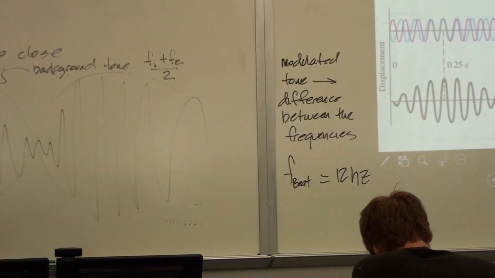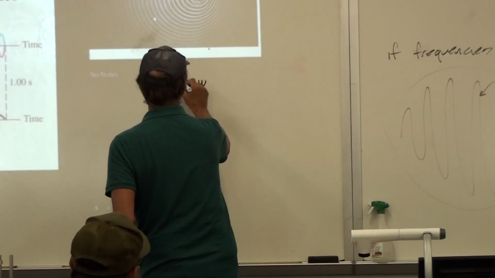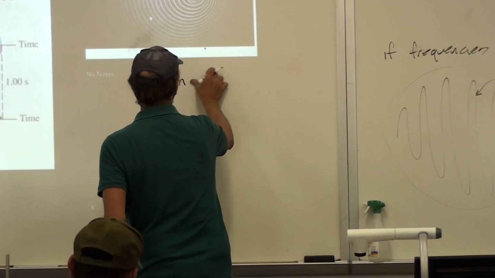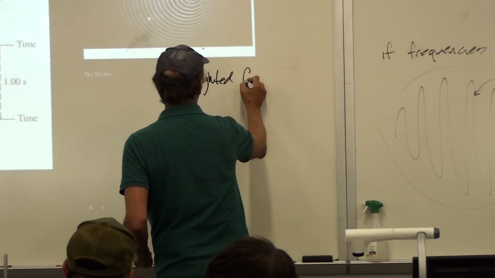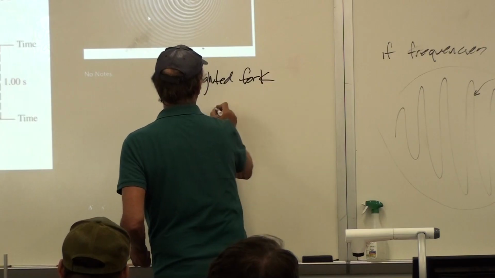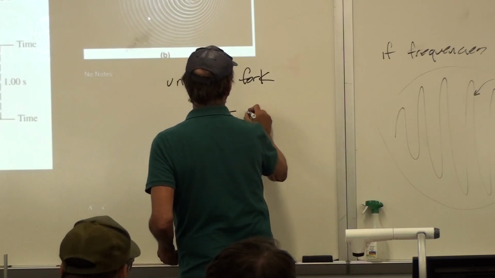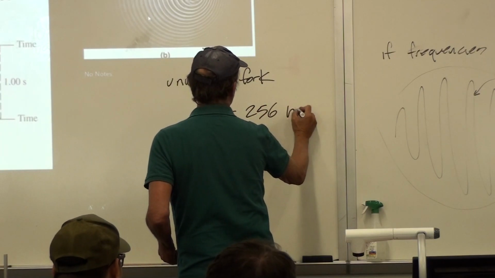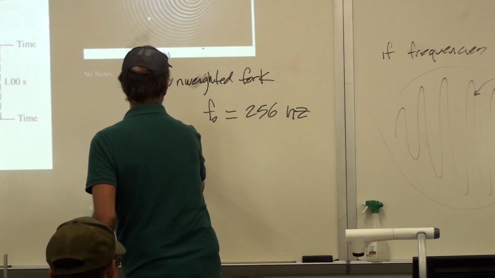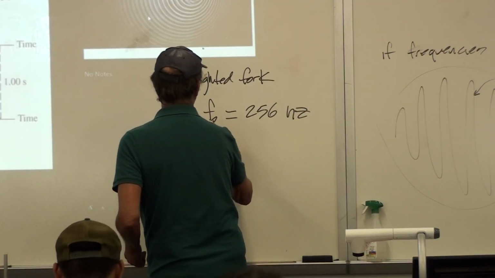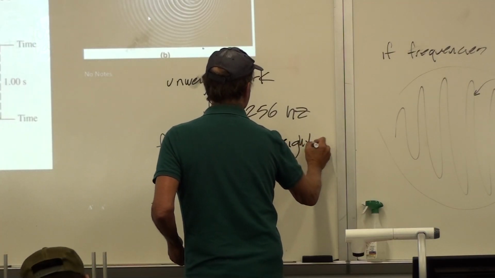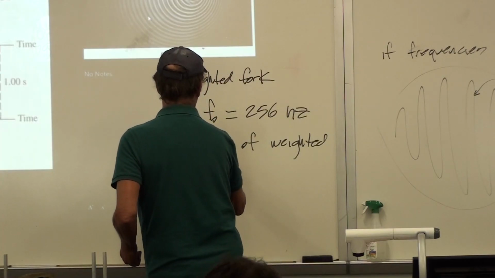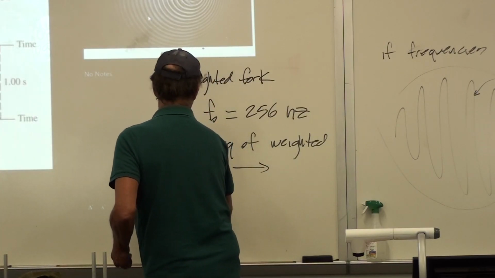And so if the frequency of the unweighted fork, F naught, let's say, is equal to 256 hertz, then let's see if we can find the frequency of the weighted fork, and the background frequency.